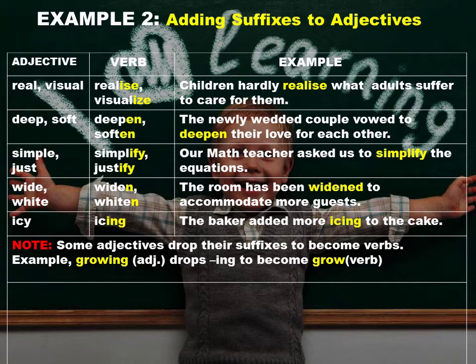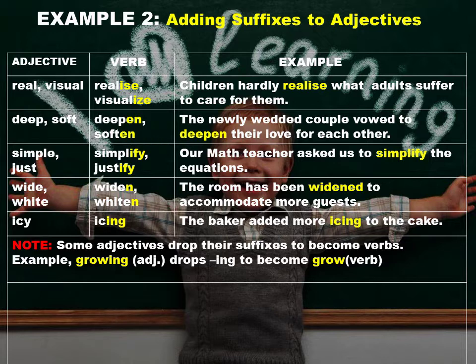And of course, adjectives describe nouns. So growing as an adjective will drop ing to become grow, a verb. It's a special case, and I thought it wise to bring it to your notice. So should one be asking you, what adjective can we make from the word grow? It's growing.